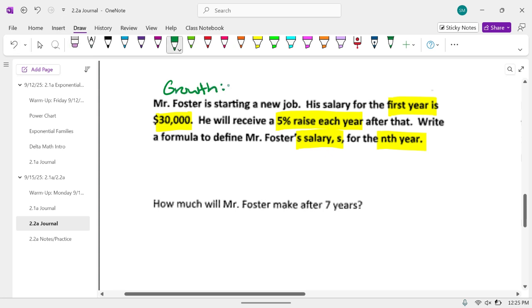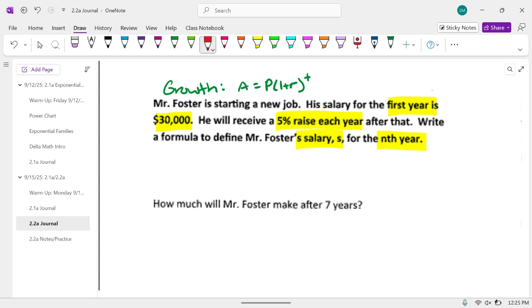So we're going to use the formula A equals P times 1 plus R to the T power. So before we do anything plugging in wise, we're going to go through and say what each one of those variables will be. So it's a very easy plug-in at the end. All right.